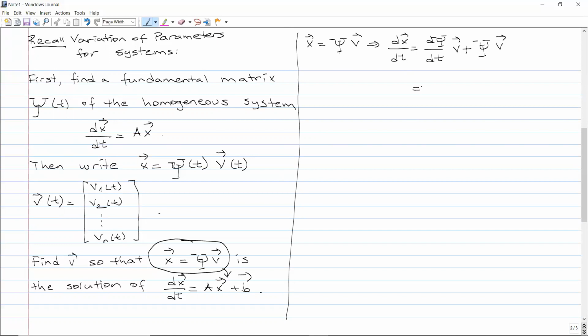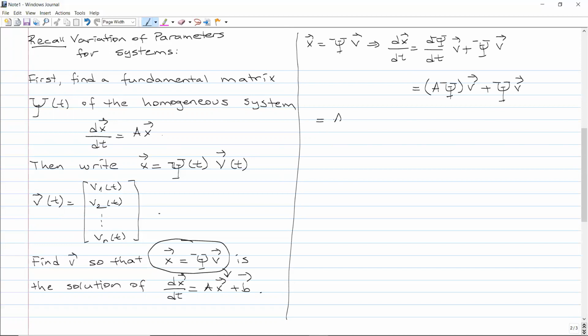But since Φ is a fundamental matrix of the homogeneous system, the derivative of Φ is the matrix A times Φ.